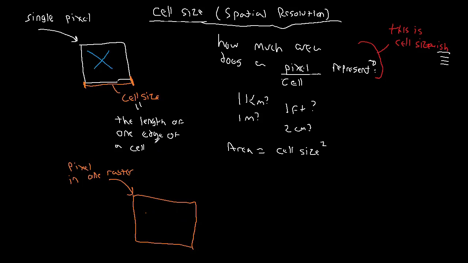And let's just say that the spatial resolution or the cell size for this particular example is 9 meters. That means that the length along one edge of the cell is 9 meters. So the area of this would be 81 meters squared, because I squared the cell size.